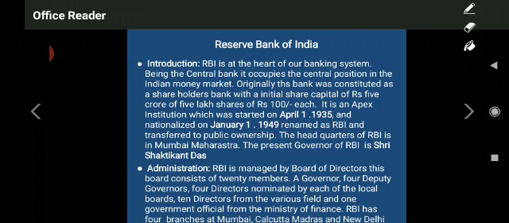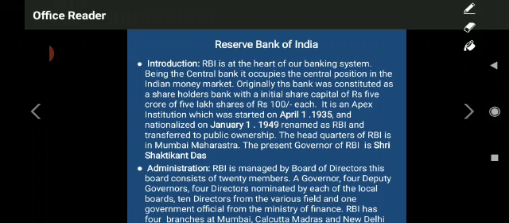The initial share capital of RBI was rupees 5 crore, of 5 lakh shares of 100 rupees each. There were 5 lakh shares, and the price of each share was rupees 100. So 5 crore rupees was the initial capital of the Reserve Bank of India before 1935, and it was called a shareholders' bank.